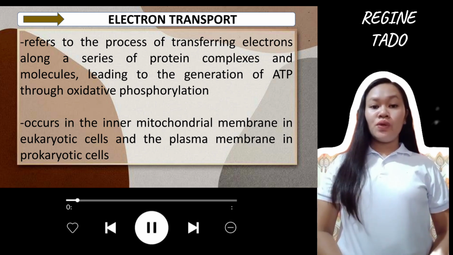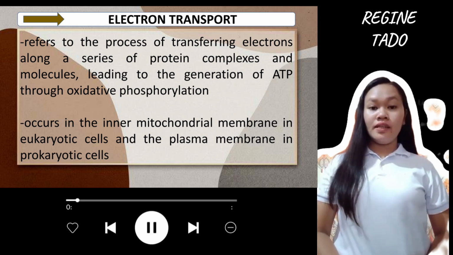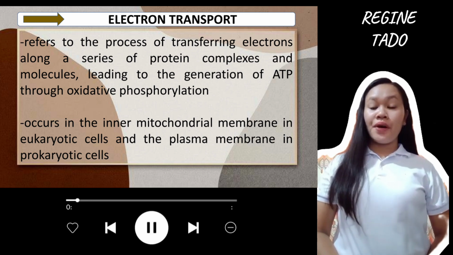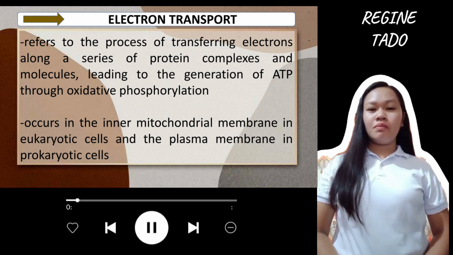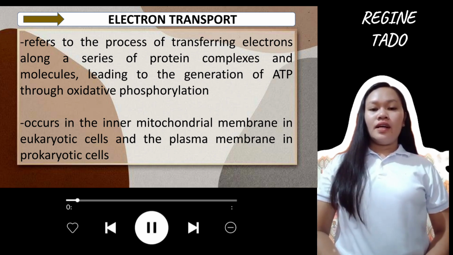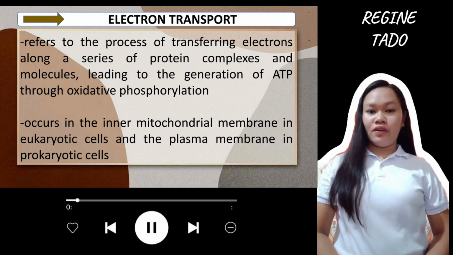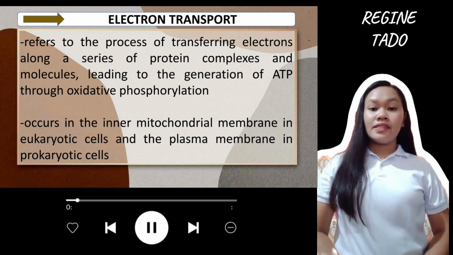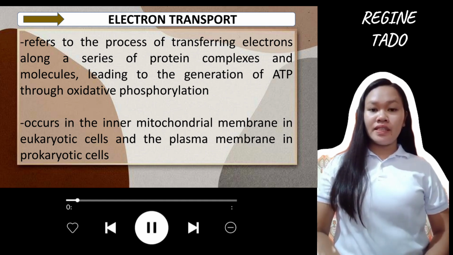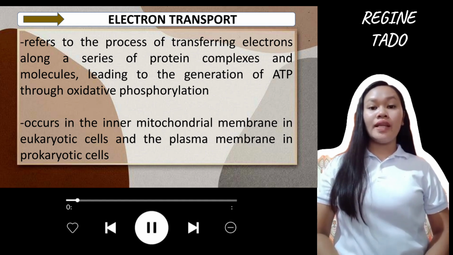The inner mitochondrial membrane is highly folded, creating numerous compartments where the electron transport chain proteins can reside and function efficiently. This organization allows for the effective transport of electrons, and the establishment of a proton gradient is essential for ATP production.